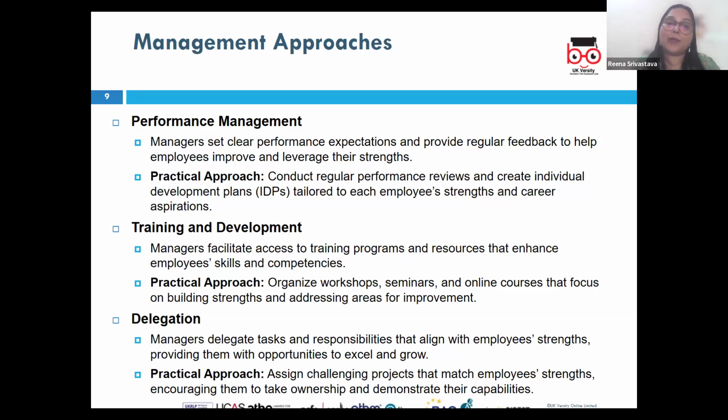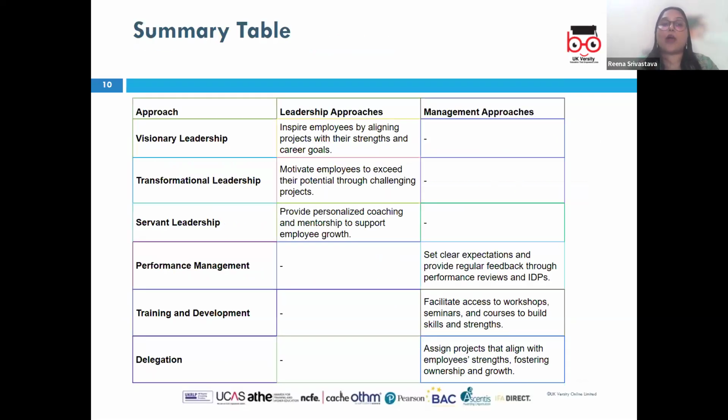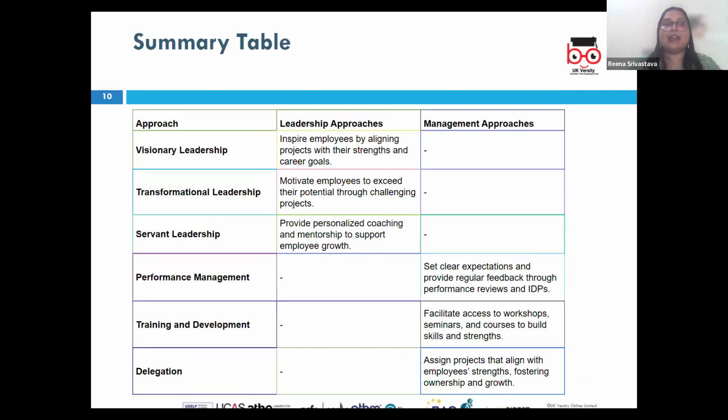It has to be a combination of leadership and management approaches, because leaders are the ones who set the vision and create a supportive culture, while managers are the ones who provide the practical support and the feedback that is necessary for the employees to first understand their strength, then leverage it for achievement of the organizational vision, and then enhance the strength further for newer projects.